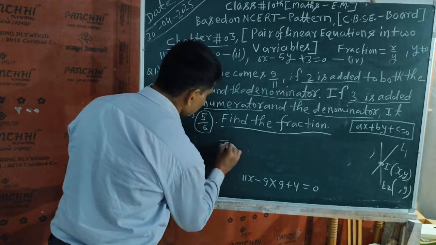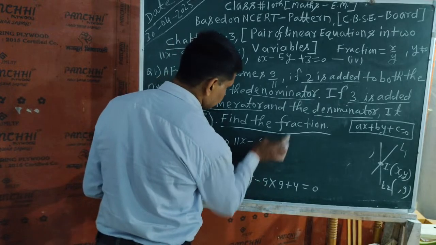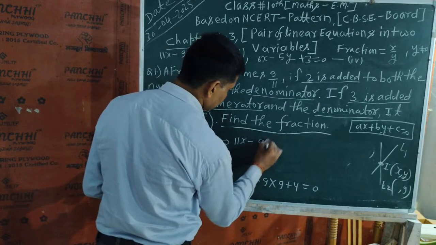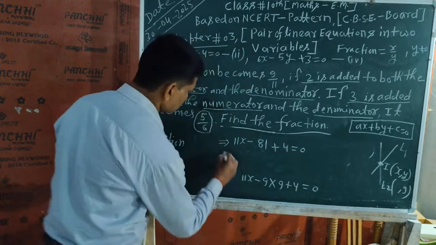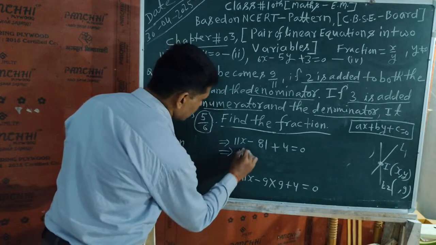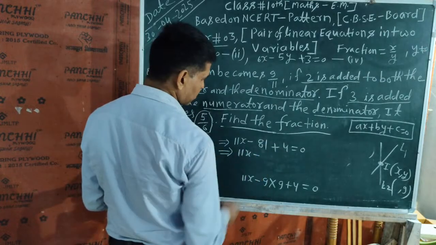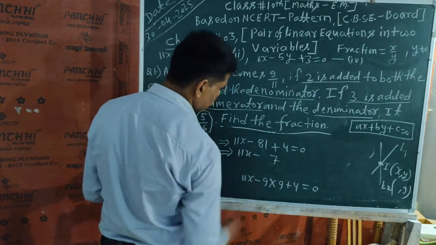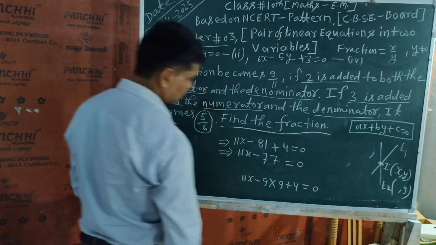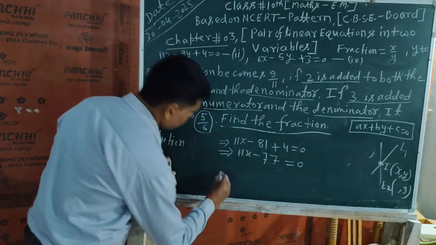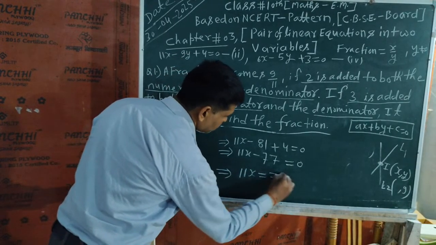So here I will multiply that 11x minus 9 into 9. I will put here 81 and plus 4, which is equal to 0. Here again I will write 11x, and here I will subtract from this. So I will put here 7, and here 7 is available. So I will put here 0. Okay, student. Further I will simplify. Here I will write in the left hand side 11x is equal to 77.